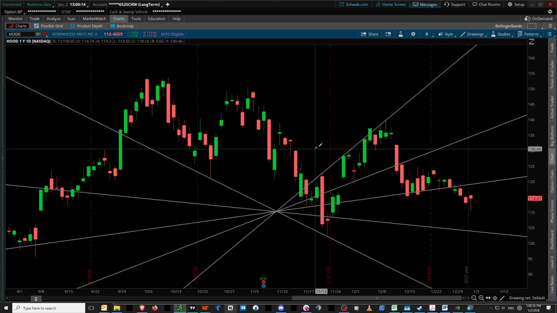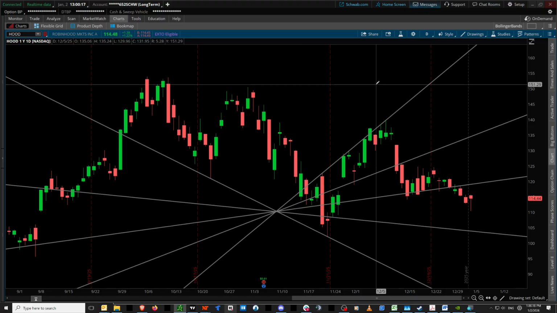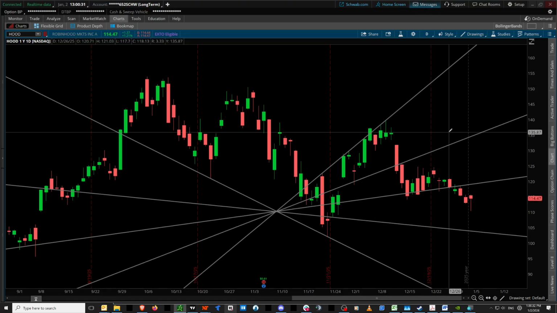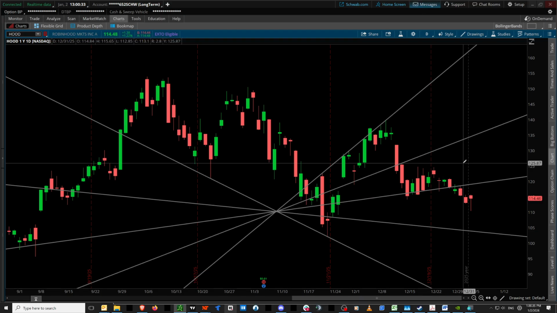Because this is all another modification of trend lines, and it's all mathematical algorithmic trading. Right? And like I said, some of my lines are not quite right, but still the point is that there it is, fan lines. And the frickin' things work.